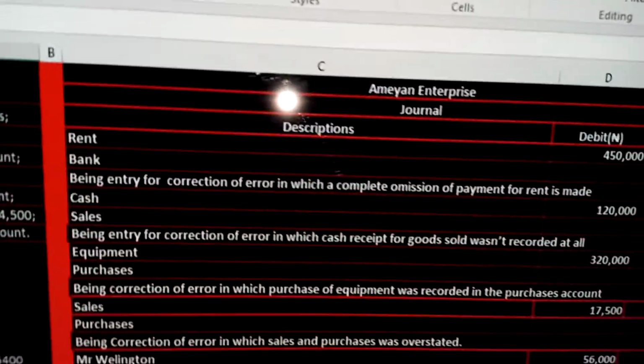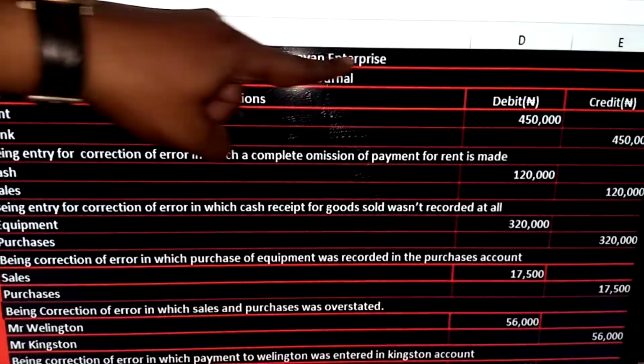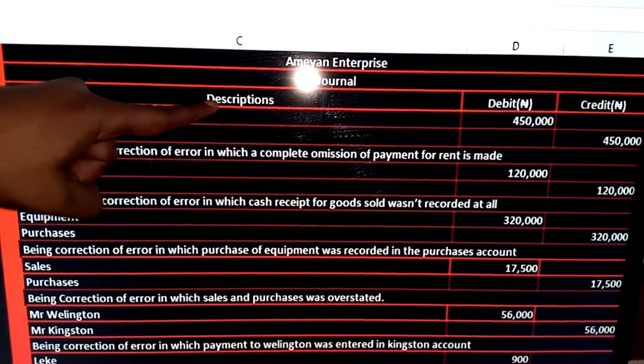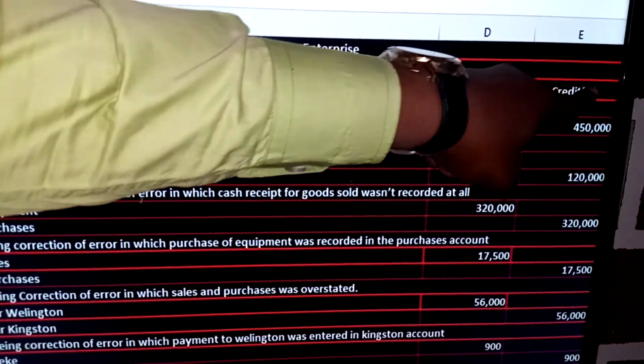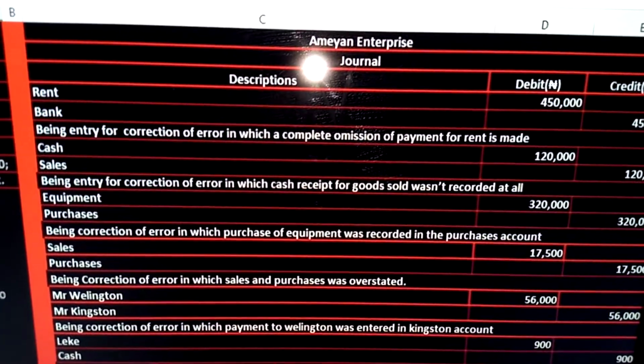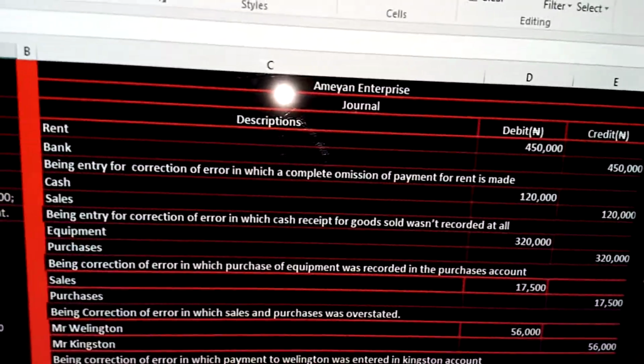Now here is the journal for correction. We have Ameyon Enterprise, Jonah. So this is the description. We have the debit amount and the credit amount. So in order for us to correct the account, we have raised an entry. We said rent is to be debited and bank is to be credited.